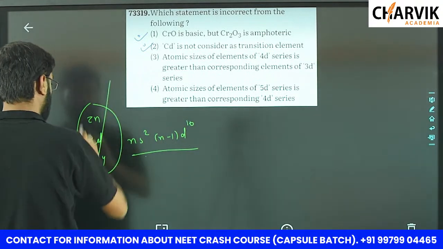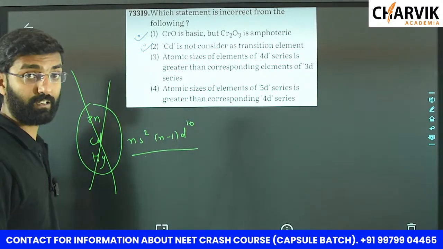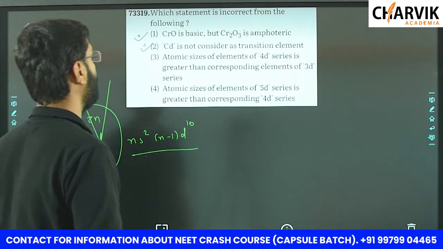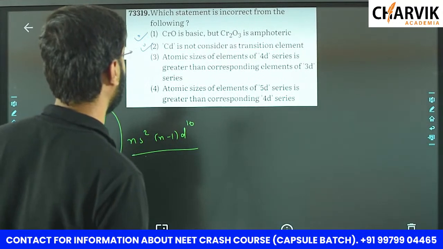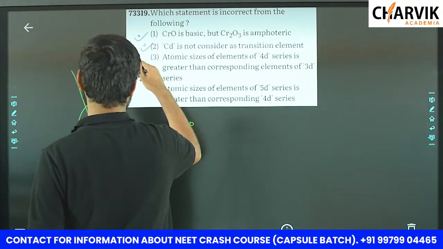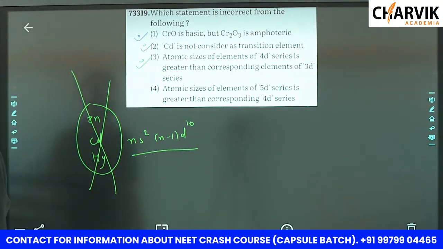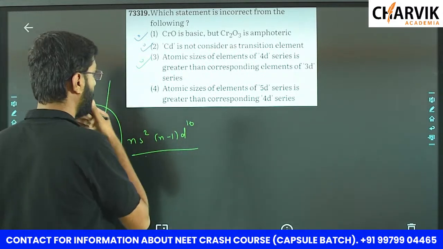So these three elements are not transition elements. Atomic size of elements of the 4d series is greater than the corresponding elements of the 3d series. Yes, this is also correct. And the rest option is fourth, right? So this is your final answer.